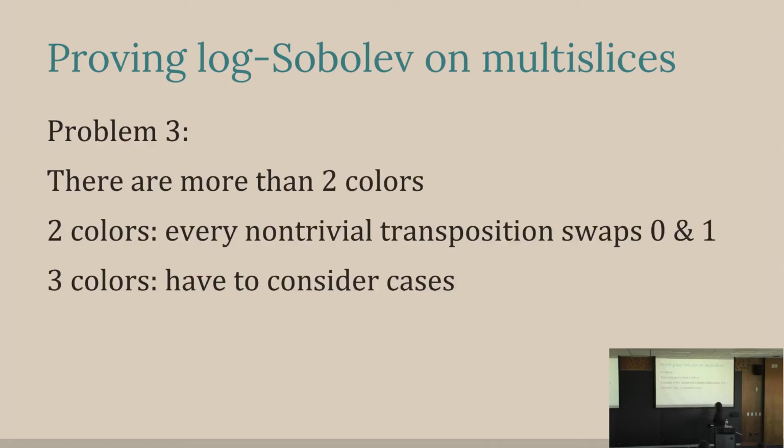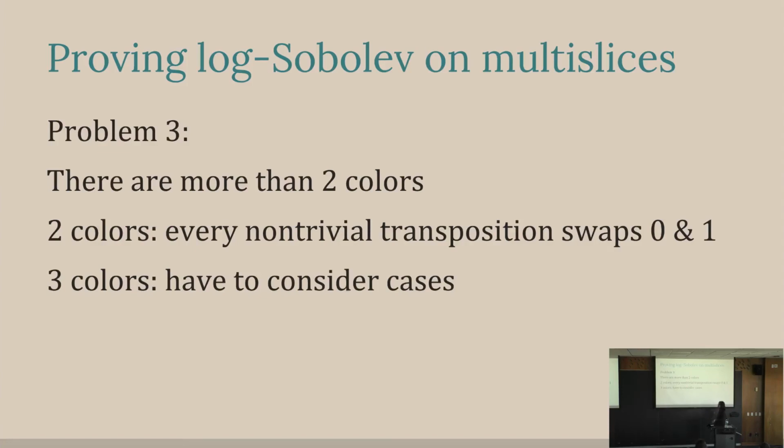Another problem we might encounter is that in the two color case there are actually only two different types of transpositions: the ones that keep you at the same element and the ones that bring you to a different element. If something brings you to a different element, then it must swap a 0 and a 1.